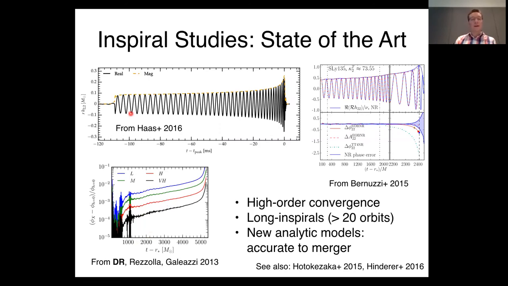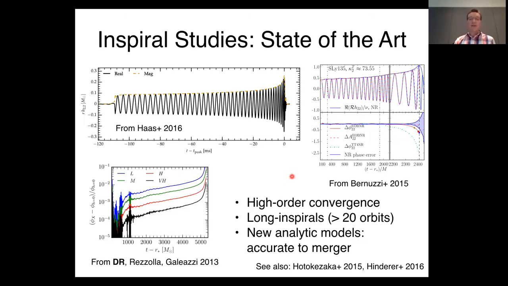For example, Roland Haas and collaborators recently published a waveform containing more than 23 orbits, which was something unthinkable even 1 year ago. And finally, the community has started to develop very accurate numerical-analytic models that have been tuned against numerical simulations.